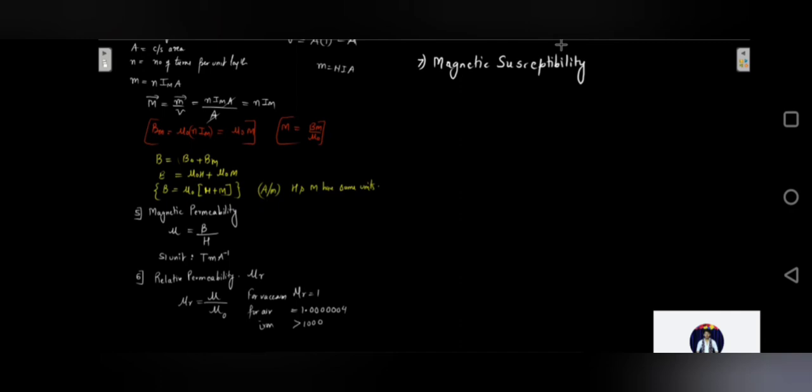It's similar to acceptance. So magnetic susceptibility is the measure of ability of a substance to take up the magnetization when it is placed in a magnetizing field. By definition, we have the magnetic susceptibility formula. Magnetic susceptibility is denoted by psi. This is the symbol for psi.